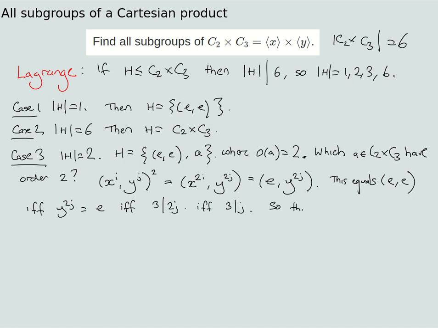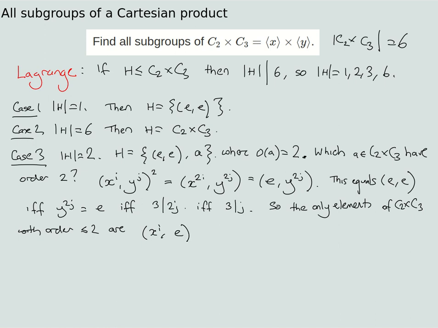So the only elements of C2 cross C3 with order at most 2 are x to the something, and then we saw that the power of y actually had to be a multiple of 3, which is the identity.